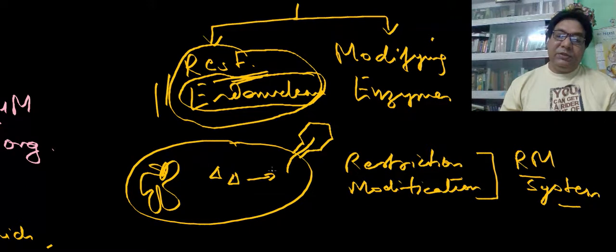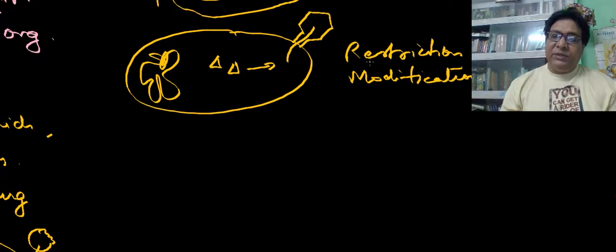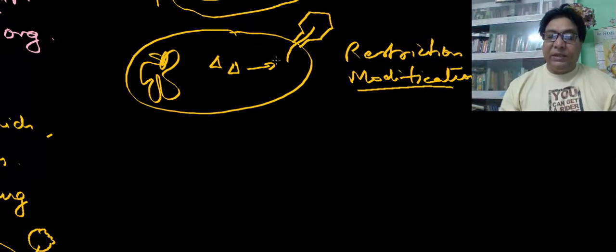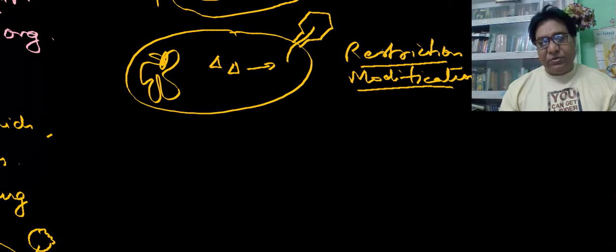A restriction modification system is present in a bacterial cell, and with that system it either allows the foreign DNA to replicate inside and complete its life cycle, and when it does, the modification function is taking place. And if it does not allow the foreign DNA to replicate, then the restriction part of it is active. So both systems are together present, that is called the restriction modification system. It might allow the phage DNA to replicate, or it might restrict it also at the same time.